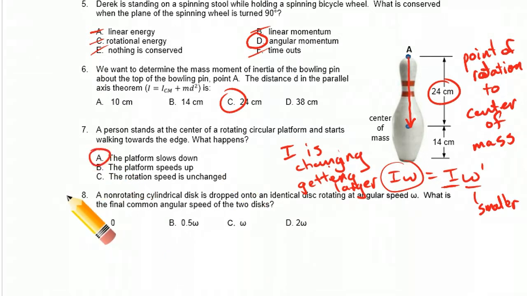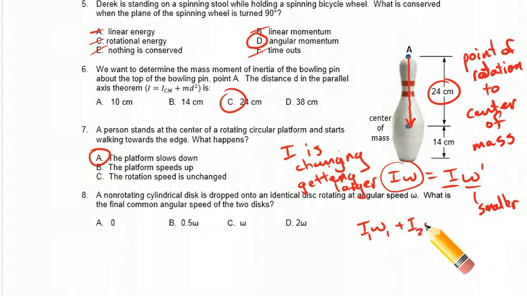A non-rotating cylindrical disk is dropped onto an identical disk rotating at angular speed omega. What is the common angular speed of the two disks? Again, we have conservation of angular momentum. So we have two objects, the first and the second.